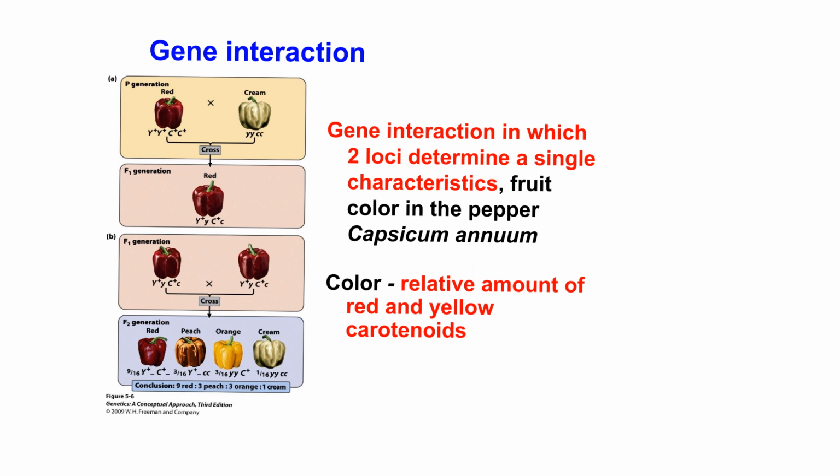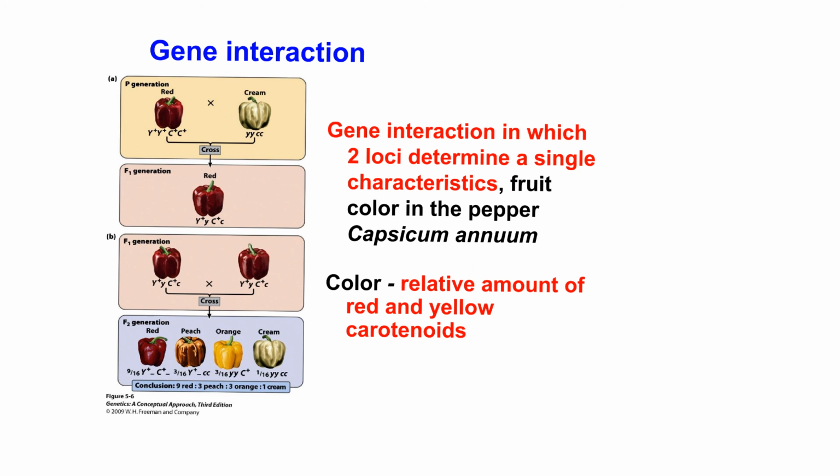You have an example of the fruit of pepper, which can be either red, peach, orange, and cream. So how is this color formed? The final color is a result of the relative amounts of red and yellow carotenoids. Each of them is synthesized in a complex biochemical pathway, and each pathway is regulated by different enzymes.